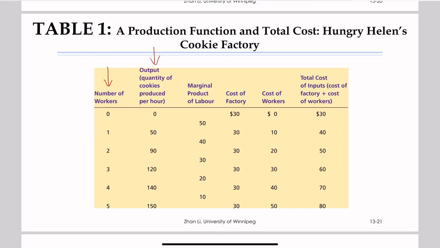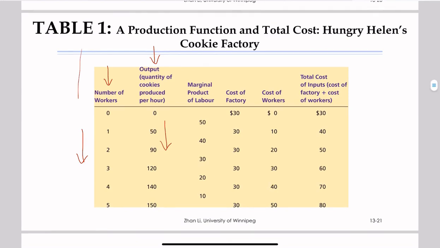What you can see here is, obviously, as you increase the number of workers, the output, that is, the quantity of cookies, will also increase. So the production function is basically given by these two columns, right? Remember that a production function gives you the relationship between input and output.